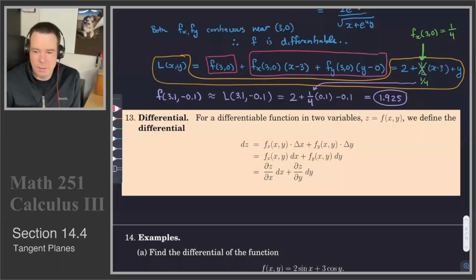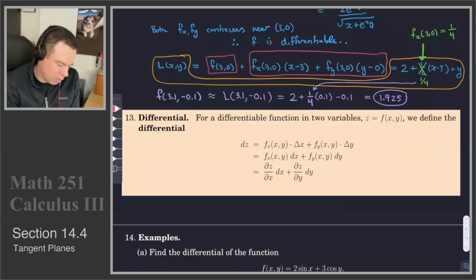That adjustment factor is really about the rate of change in the x and the y direction. Is the function increasing as you move in the x direction or decreasing? Is the function increasing as you move in the y direction or decreasing? What if you move in a direction that's not entirely in the x direction or the y direction? Then it's a combination of how much you moved in the x direction times its derivative, plus how much you moved in the y direction times its derivative. So that adjustment factor is really just telling us how much we have to shift our z value up or down from the point we're starting at, with this f of 3, 0.